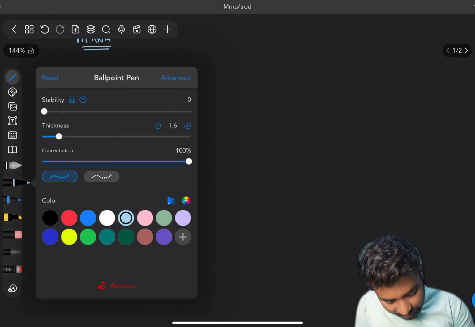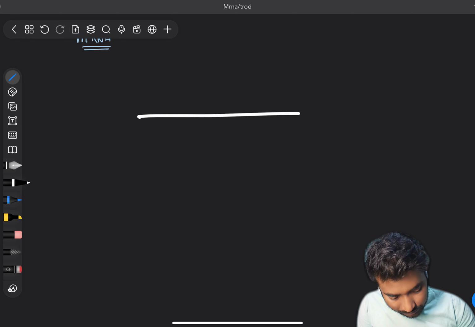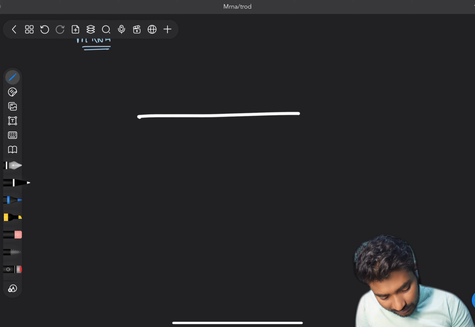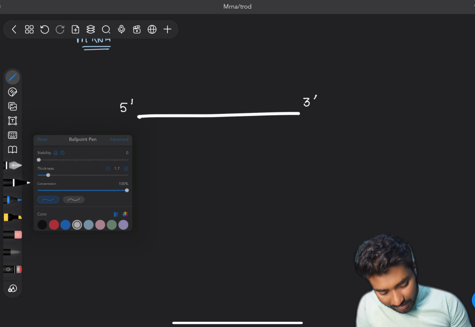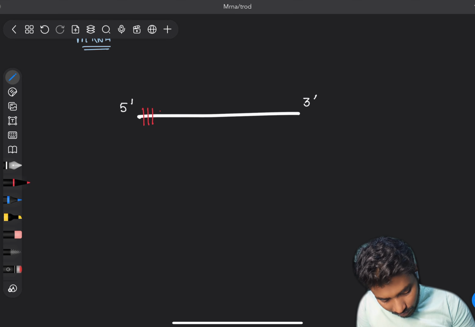mRNA, let me draw a picture first of mRNA. Now see, here one end is considered the 5' end, and this is the 3' end. Now what happens, these are the codons.